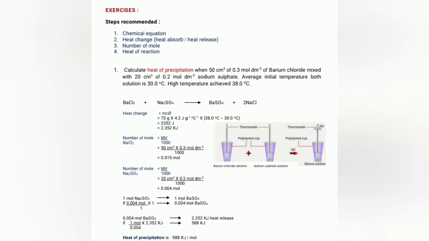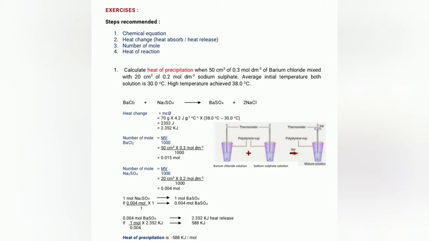The smallest number of moles between barium chloride and sodium sulfate is 0.004 mole.